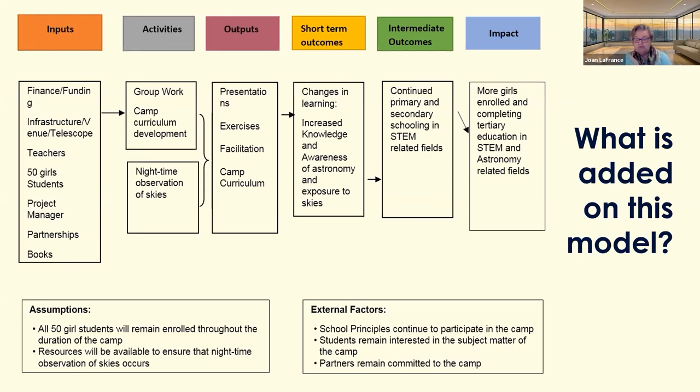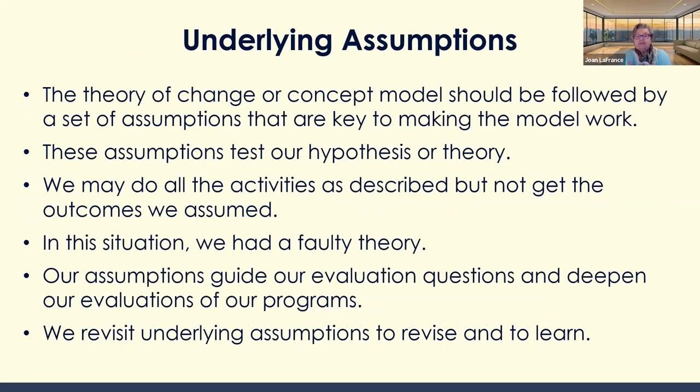To me, they all fit that role of assumptions. And it's these underlying assumptions that in fact identify what your theory is. Your concept model should be followed by what these assumptions are that underlie the model. The model is simply the graphic, but the assumptions are really what our hypothesis is or our theory.